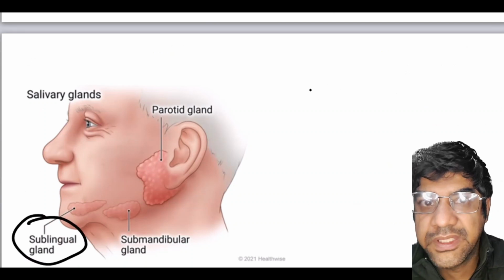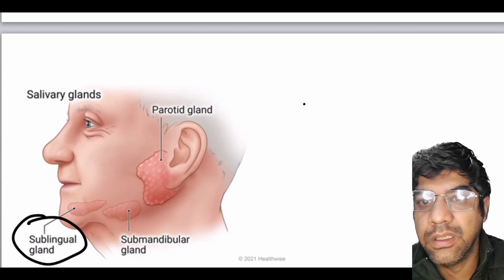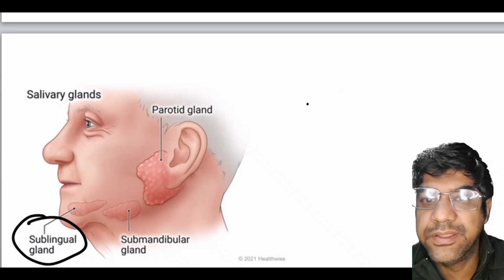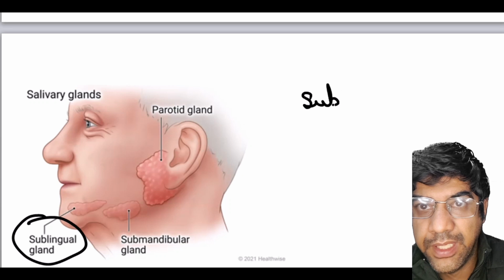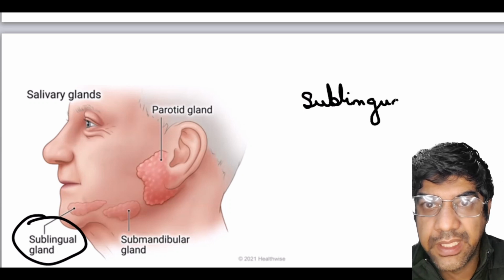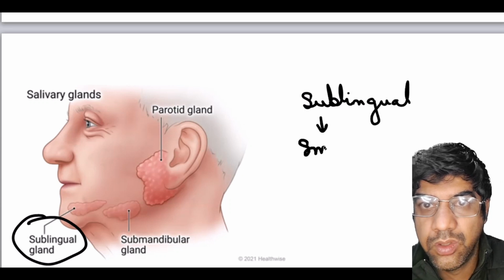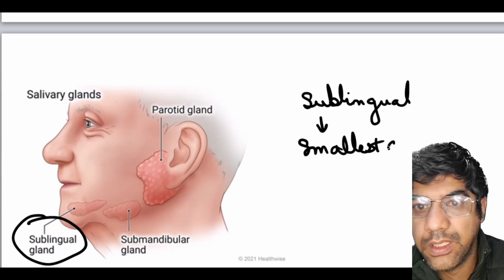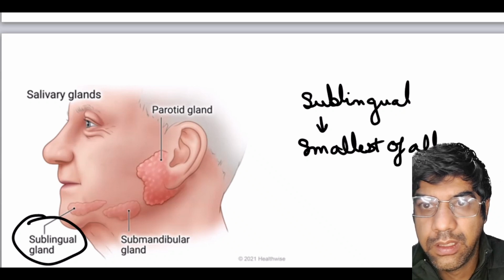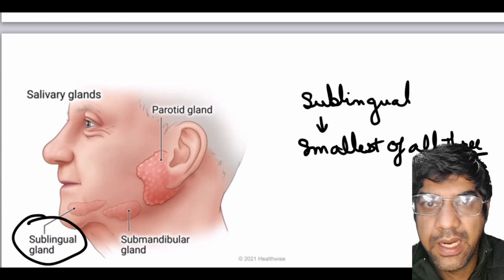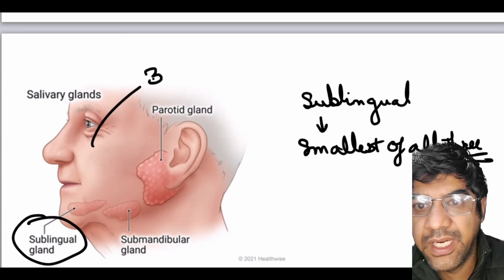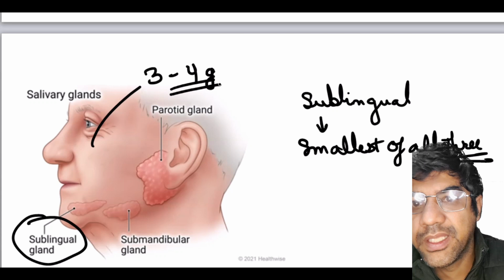Other is the sublingual salivary glands. So, which glands? Remember, they are the smallest of all three salivary glands. What is their weight? Their weight is 3 to 4 grams. Where are they located?